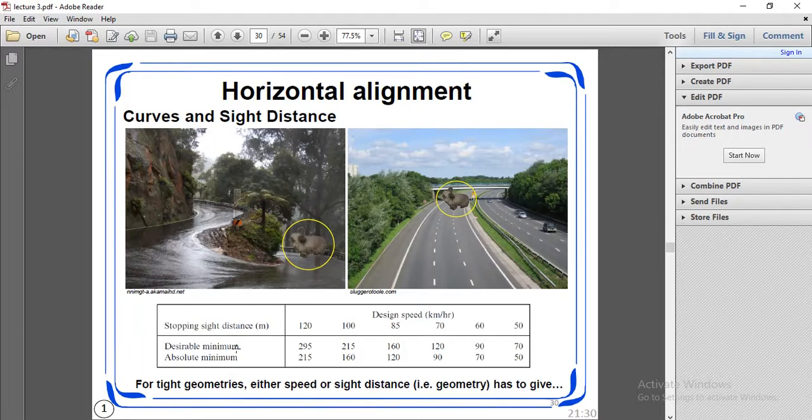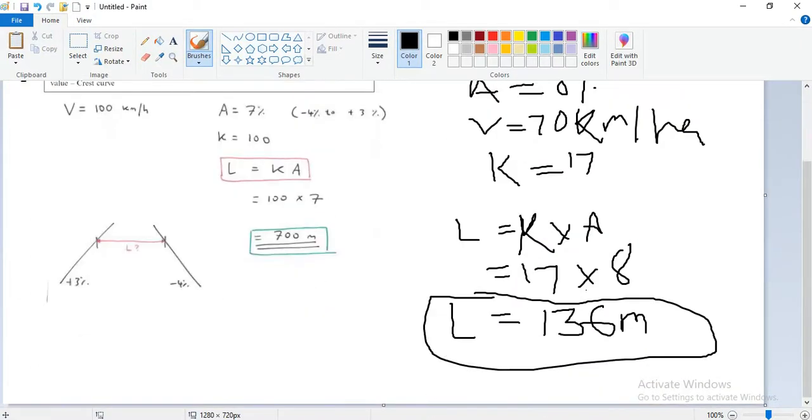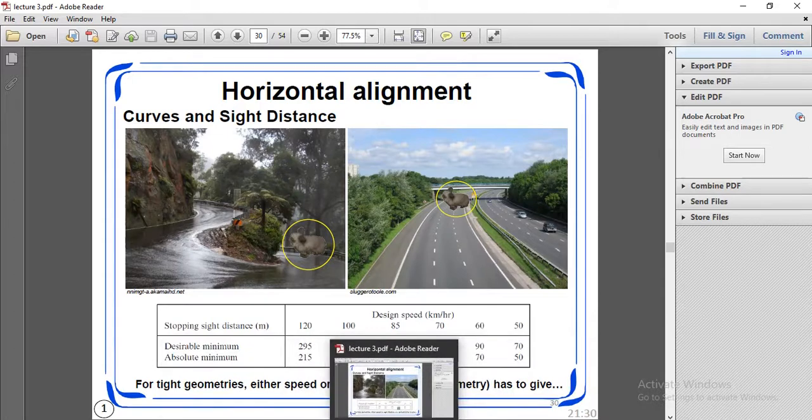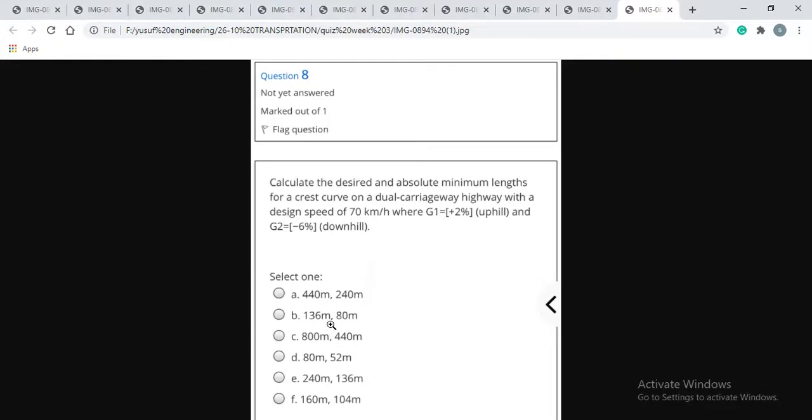Desirable stopping, here the design speed is 70, 120, and absolute minimum sight stopping distance, absolute one is 90. I am just looking for the solution, but actually the second option is correct here.